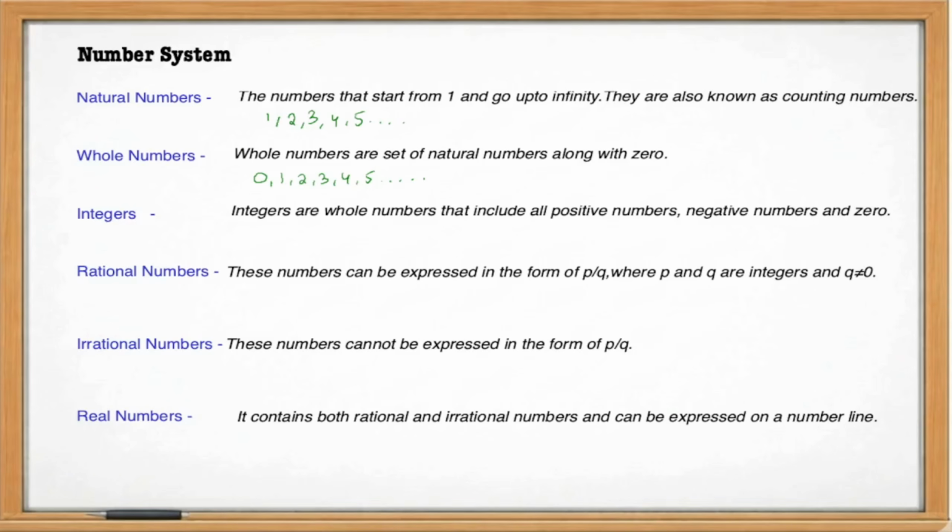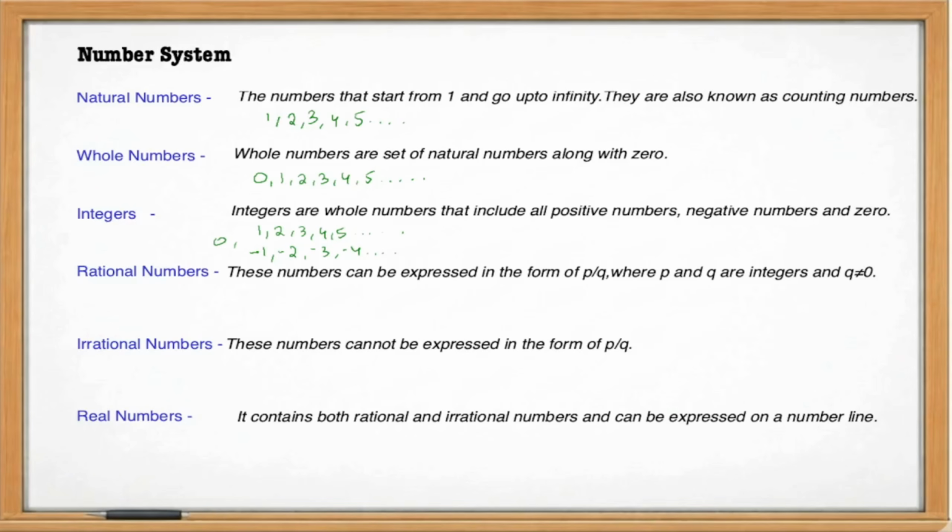Integers are whole numbers that include all positive numbers, negative numbers, and 0. That means it has positive numbers like 1, 2, 3, 4, 5 till infinity. Then negative numbers: negative 1, negative 2, negative 3, negative 4 till infinity. And it has a 0 also.